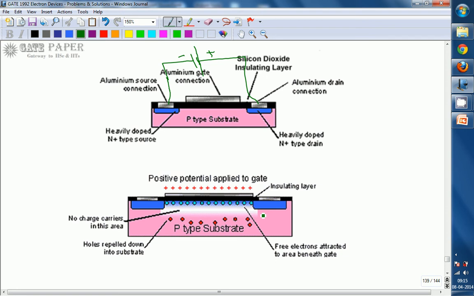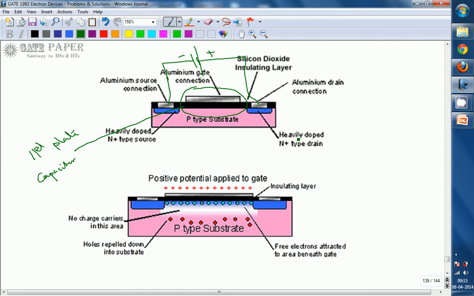From this, if you observe this area, it acts as a parallel plate capacitor. A parallel plate capacitor consists of two conducting plates.